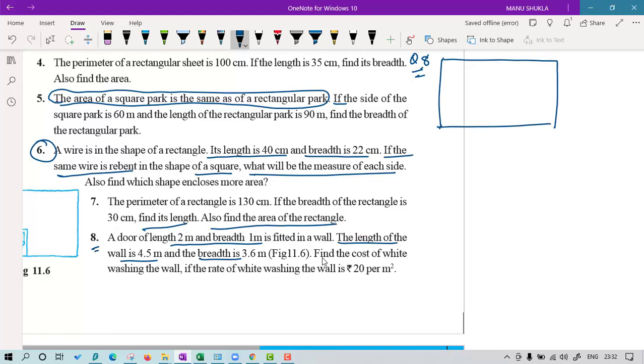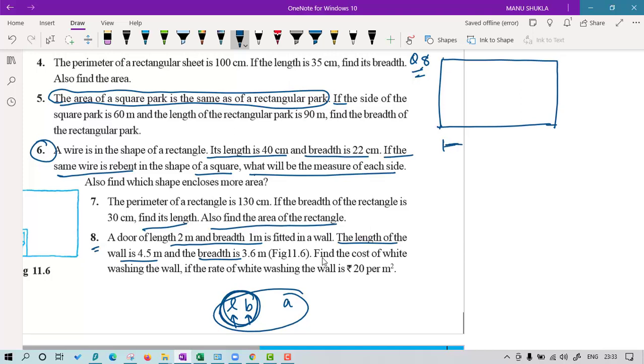Now class, there are two rectangles in the same figure. Earlier questions we had length and breadth for rectangle and small a for square, but now we have two rectangles. So what should we do? Should we use the same small l, small b for both the rectangles? I think that will make a confusion. So better we use capital L for the wall.